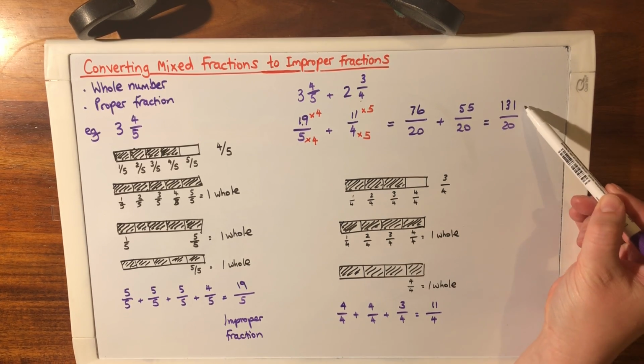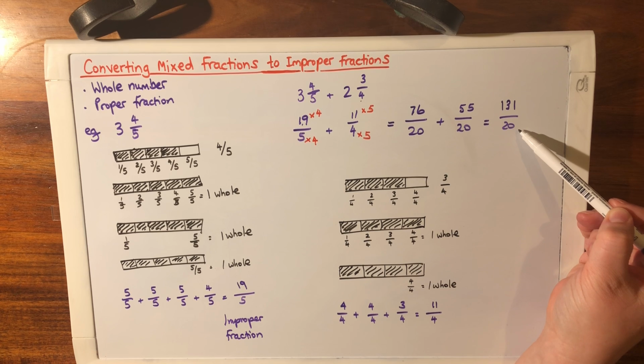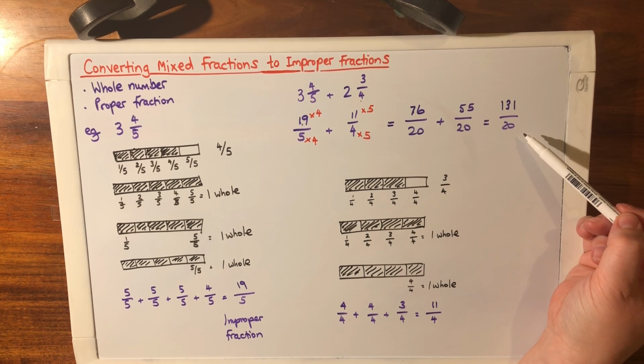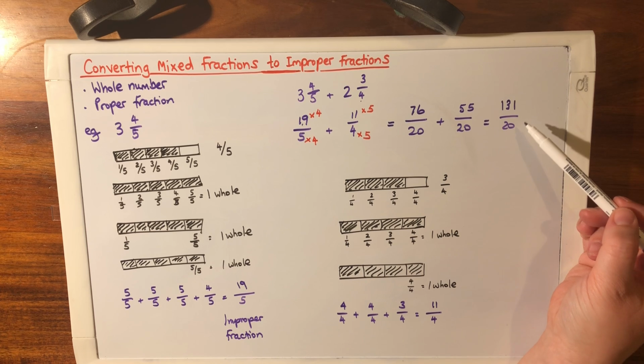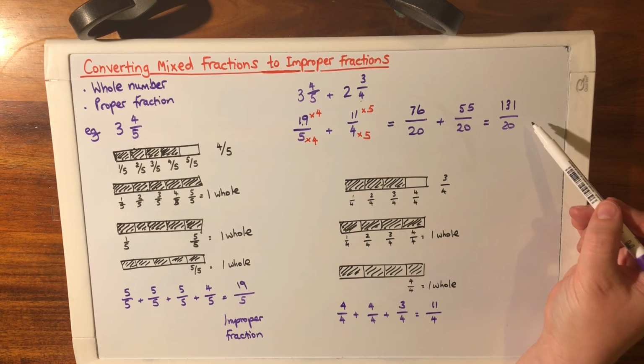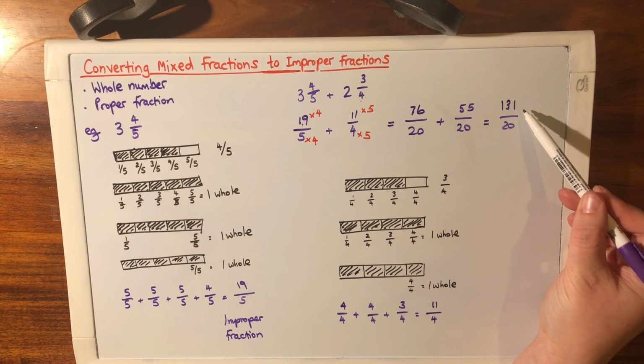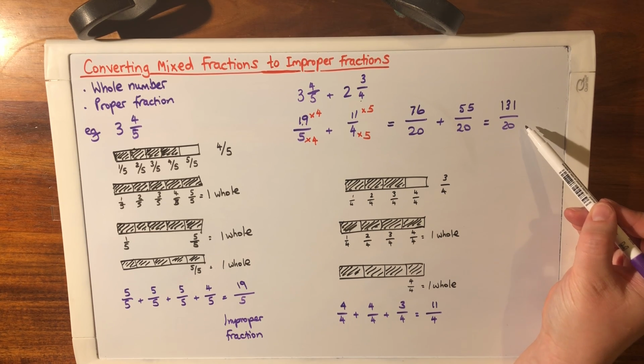Because we have a fraction that is now an improper fraction, 131 over 20, can we simplify that fraction? Let's find out if we can work out what is a common factor between any of those. Is 131 a prime number? So there's no way that we can simplify that fraction down.